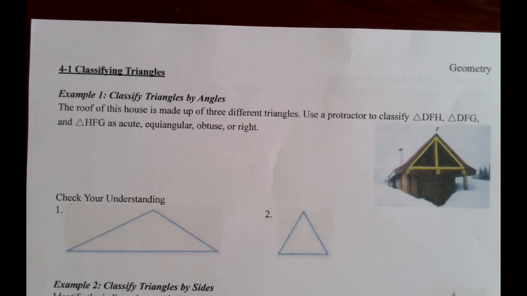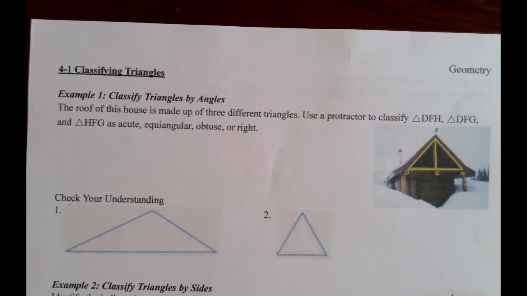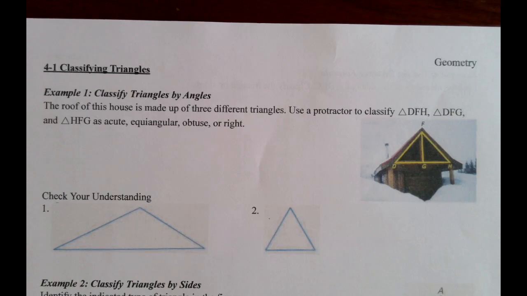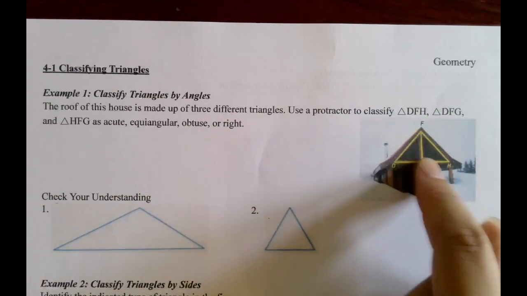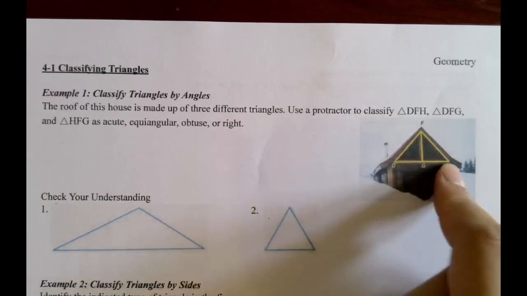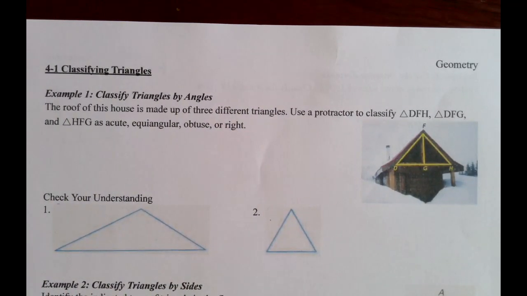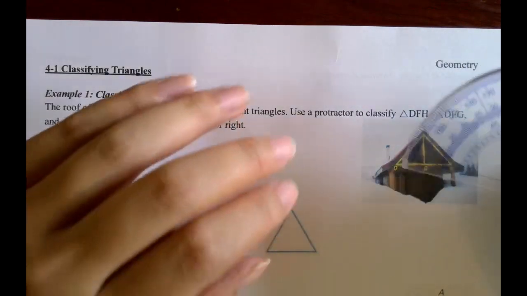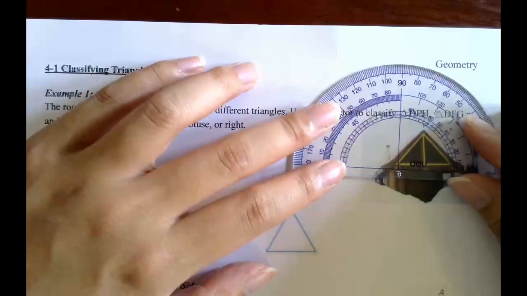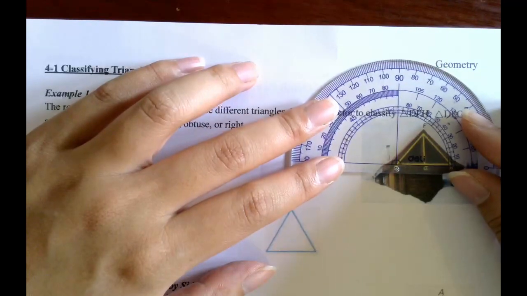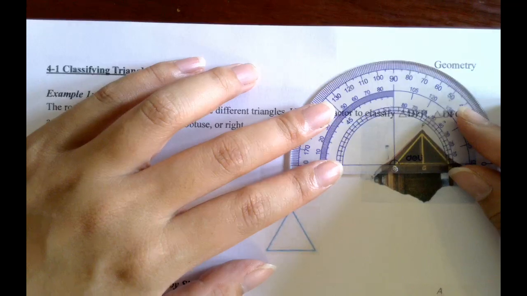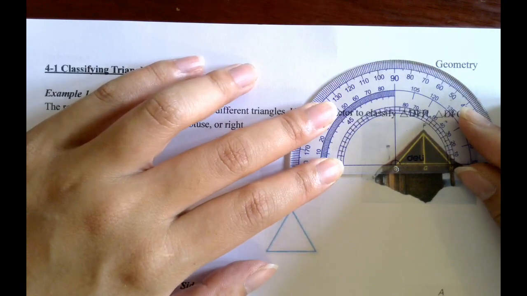We're going to classify this triangle by angles. So here, the roof of this house is made up of 3 different triangles, 1, 2, and then 3 here. We're going to use a protractor to classify this angle and measure it as either acute, equiangular, obtuse, or right. Okay? So I'm going to start by measuring angle D here. I'm going to match up my vertex to the cross or the circle or whatever we have here.